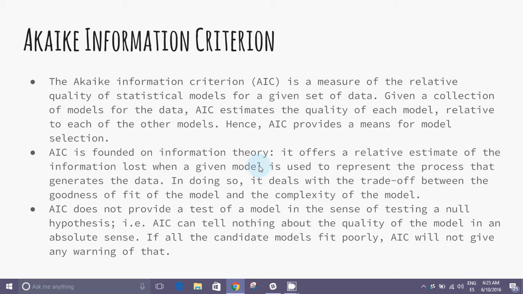In doing so, it deals with the trade-off between the goodness of fit of the model and the complexity of the model. AIC does not provide a test of a model in the sense of testing a null hypothesis, i.e., AIC can tell nothing about the quality of the model in an absolute sense. If all the candidate models fit poorly, AIC would not give any warning of that.